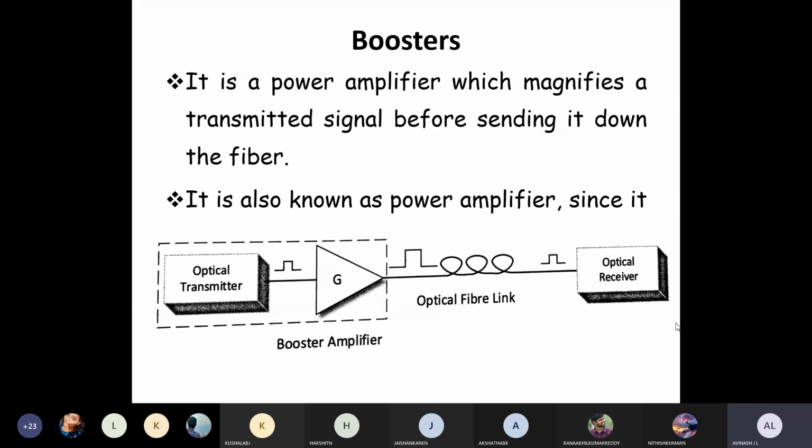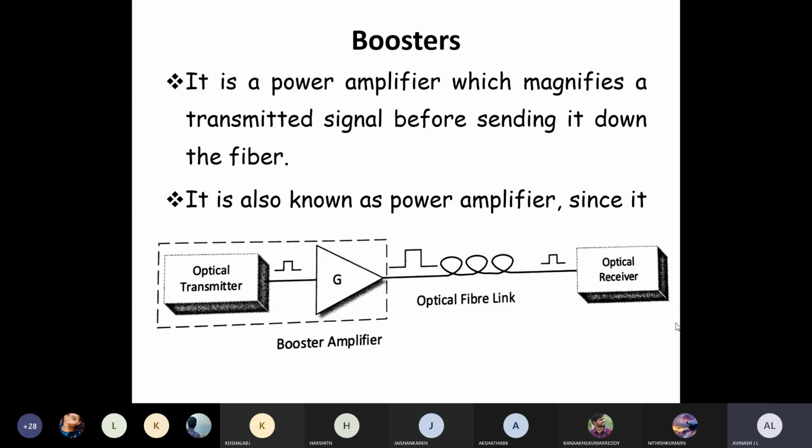What exactly happens here is the transmitter will transmit the optical signal, of course. The optical signal will be of some energy level. When we send that signal to the receiver, while it is going through the optical fiber link, it may undergo attenuation.